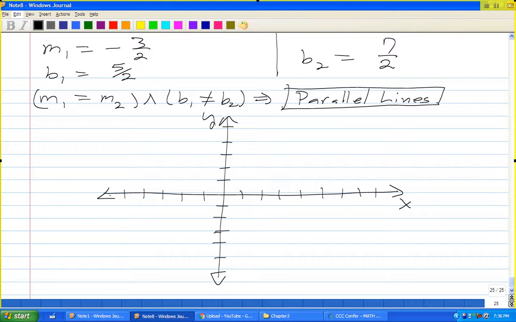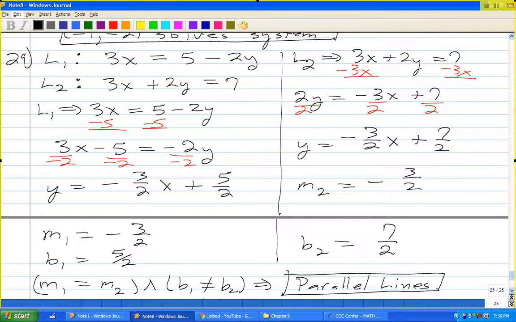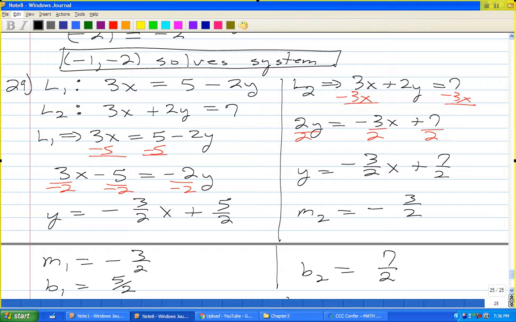So for the first line, an easy solution is the point (1, 1).